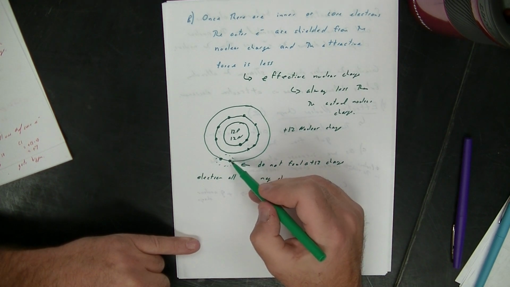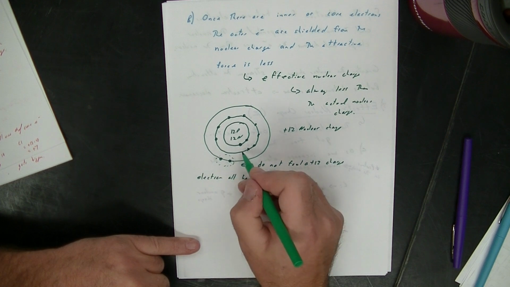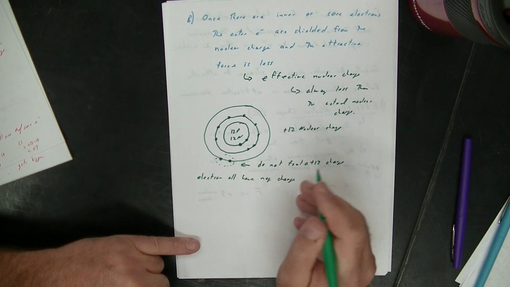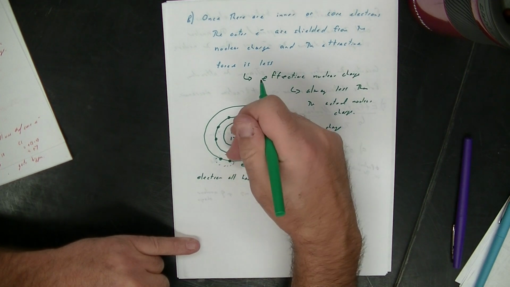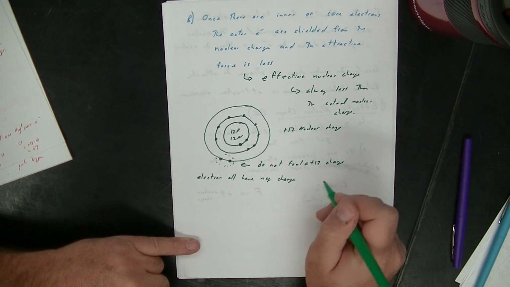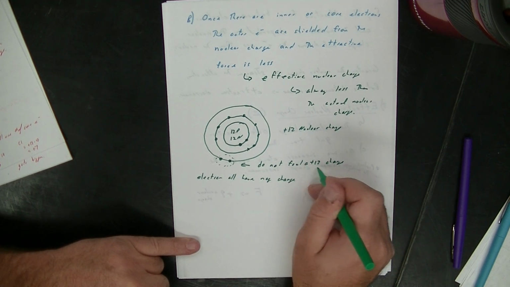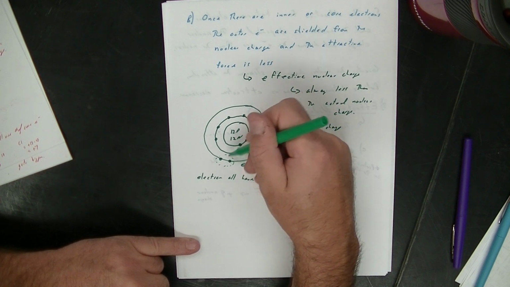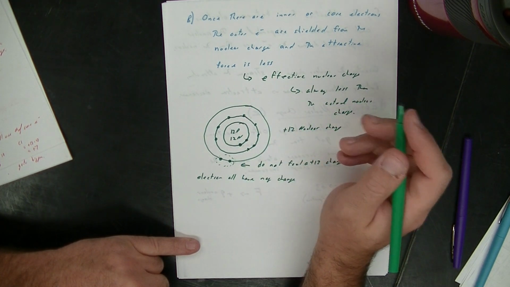So there's a repelling force between these outer electrons and the inner electrons. These inner electrons are interacting with the outer electrons, counteracting this plus 12 charge, because they're pushing them further and further away.